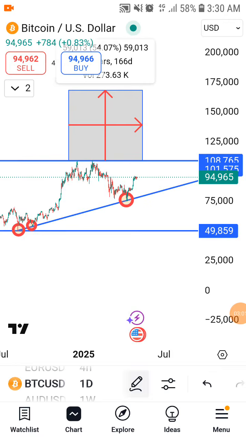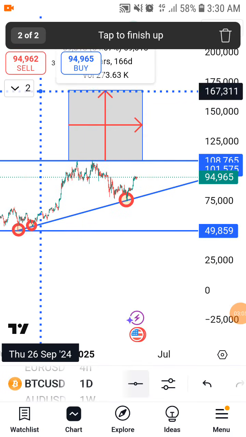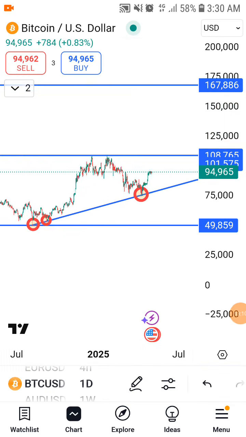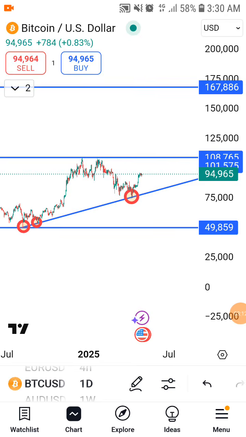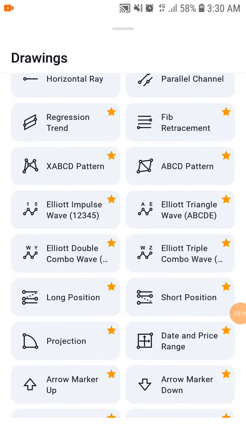Then we'll mark the distance of it. This is the distance of AB. Now, let's go back to our ABCD pattern in order to determine our CD.